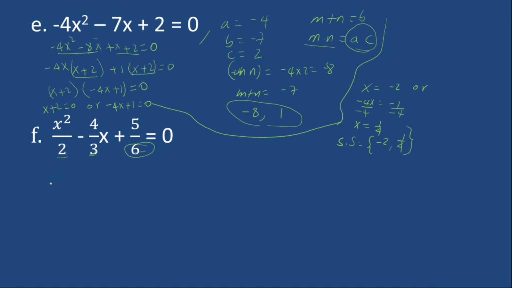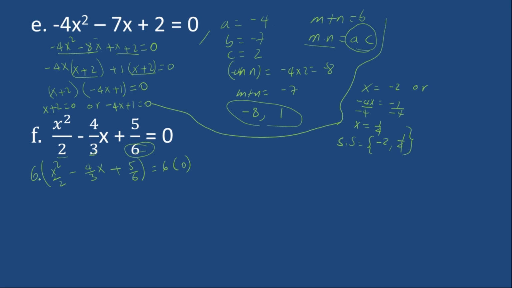So you can multiply everything by 6: 6 times x squared over 2 minus 4 over 3 x plus 5 over 6 is equal to 6 times 0. The reason we multiply by 6 is to eliminate all the denominators. And if you multiply one side by a constant number, you have to multiply the other side by the same number.